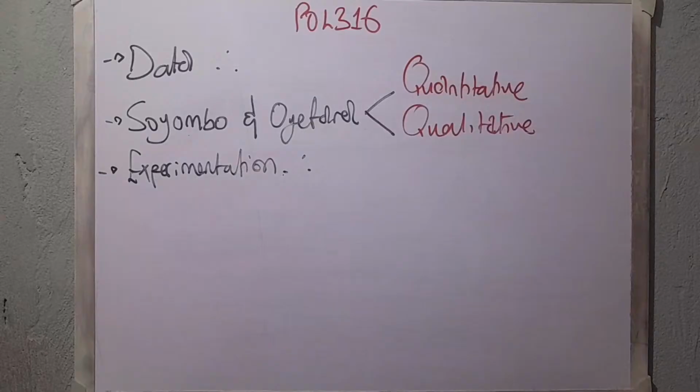Speaking of which, experimentation is referred to as a rigorous research design. This design is expected to attempt the gathering or generating of data in order to explain the cause of social phenomena in the real world.